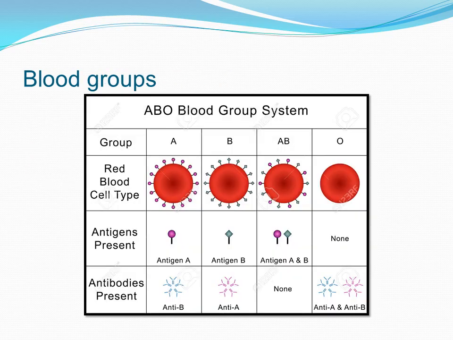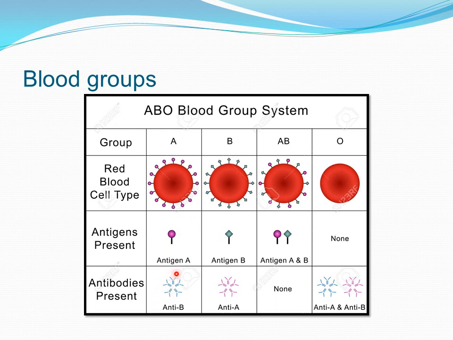Now here let us start with a pictorial representation of the ABO blood group system. We have taken here group A, group B, group AB and group O. Let us first take blood group A, which has antigen A. If the structure of antigen A is like this, it should be present on the surface of the RBC, as we have discussed earlier, if you can recall from the second or third slide.